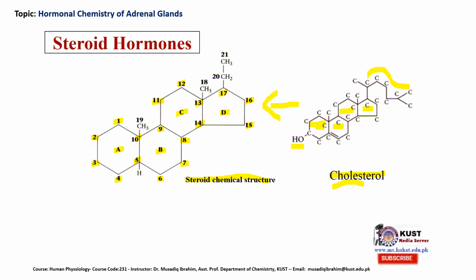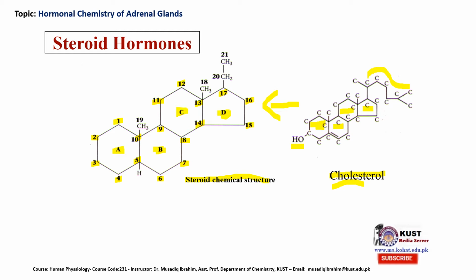So this is the sequence of carbon numbering in the 4 rings of the steroid nucleus, and this is the A ring, this is the B ring, this is the C ring, this is the D ring.